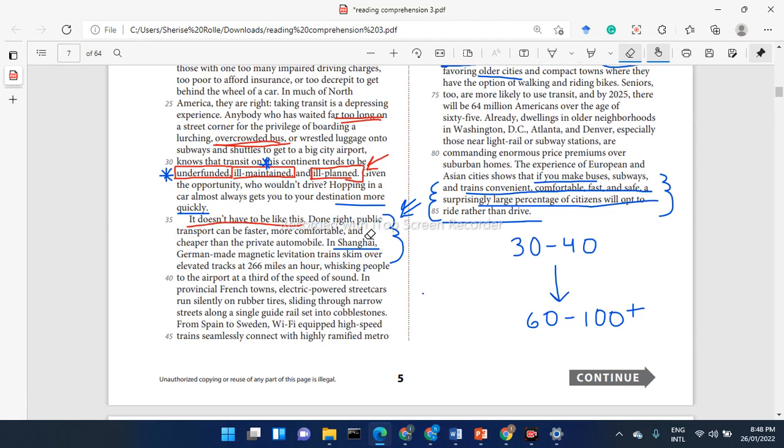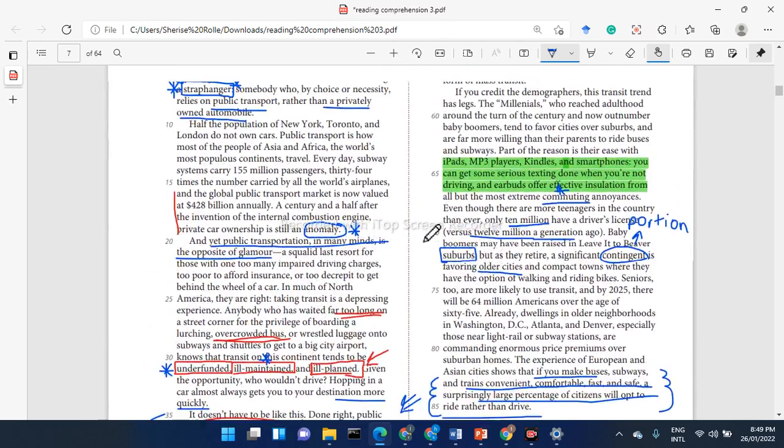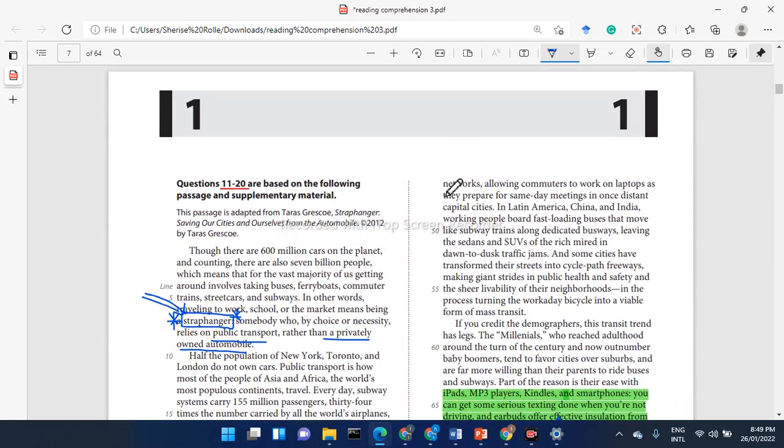Did you see how marked up this thing is already? That's how your paper should look. You're taking notes, you're annotating, you are underlining keywords, stuff like that.